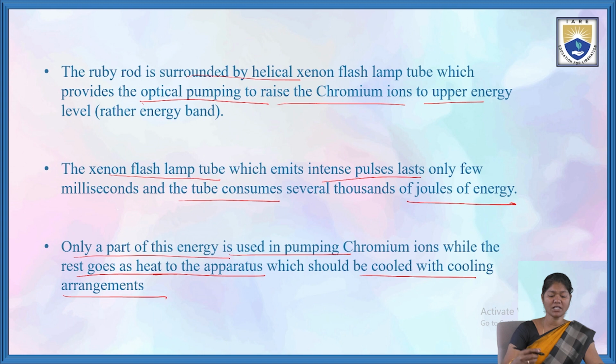The xenon flash lamp tube emits intense pulses that last for only a few milliseconds, and the tube consumes several thousands of joules of energy. Only a part of this energy is used to pump the chromium ions.